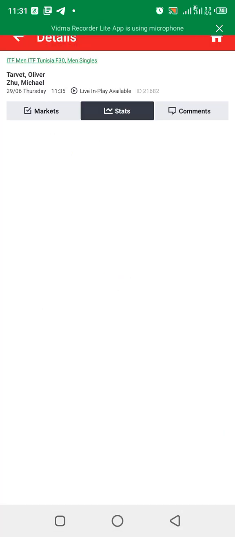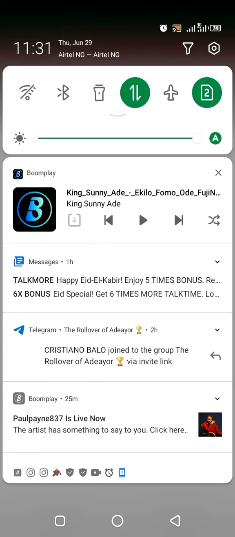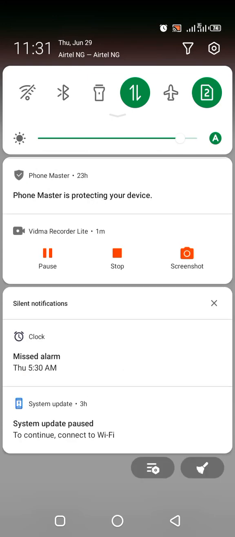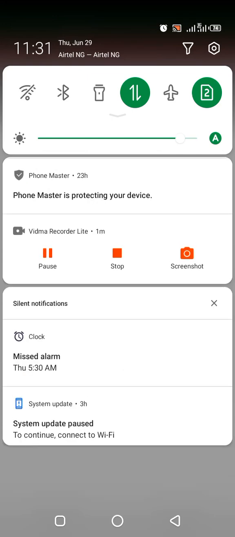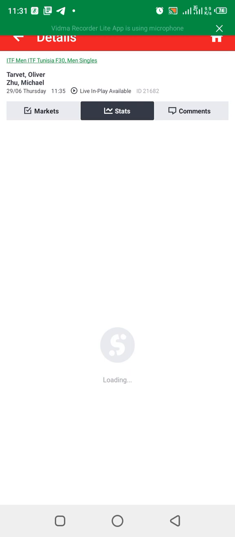So first thing you need to do if you want to be predicting your tennis total point is by clicking on the game. After clicking on the game, you go to their statistics. Let's wait for it to load.